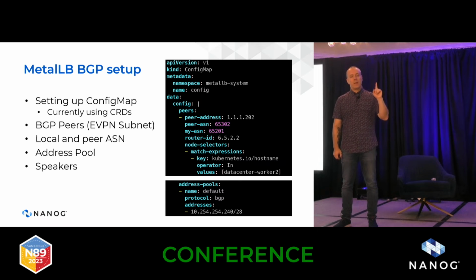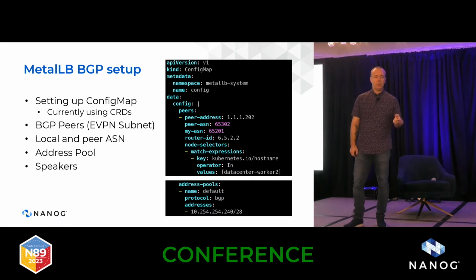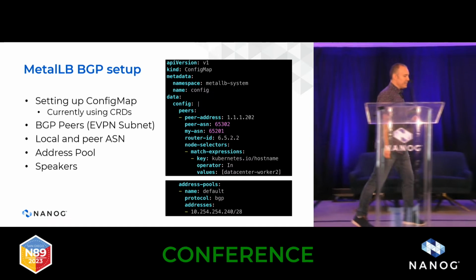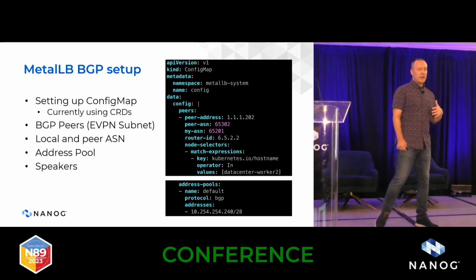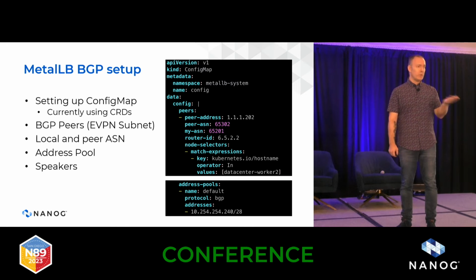I also put a note here that MetalLB is starting to use custom resource definitions, CRDs. Who's familiar with CRDs here? Okay. CRDs are something that applications like Nephio, a project coming from Google for mobility, use.